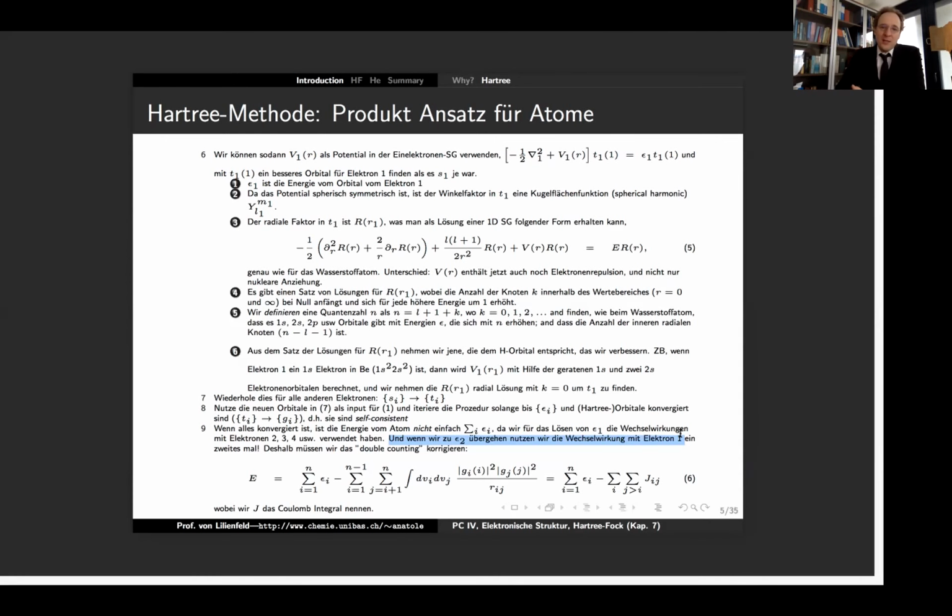But by doing this consistently in this iterative manner, you do introduce some coupling that goes beyond your simple product ansatz, in the sense that you get the best possible product ansatz.